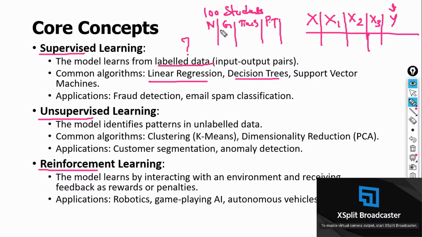I'll get all these columns filled for each and every student, and finally their marks. The last column is whether they'll pass or fail in the upcoming exam. So this is my output.